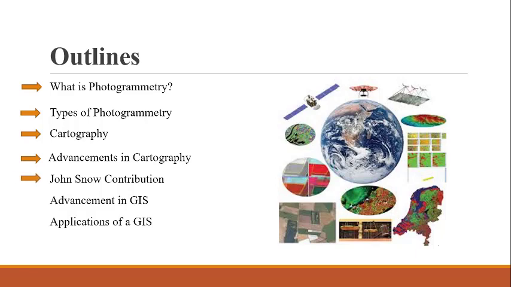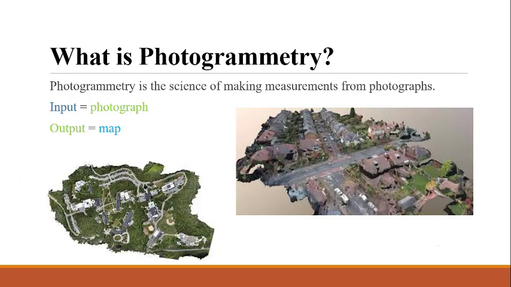The fifth one is John Snow's contribution, and the sixth one is advancement in GIS, and in the last we will see the applications of geographical information systems. Coming towards the topics, we will first see what is photogrammetry.